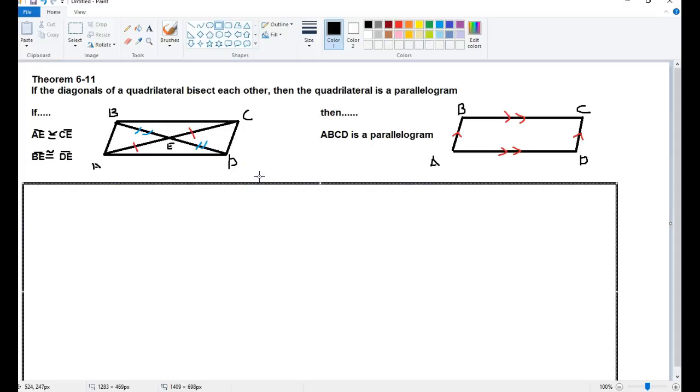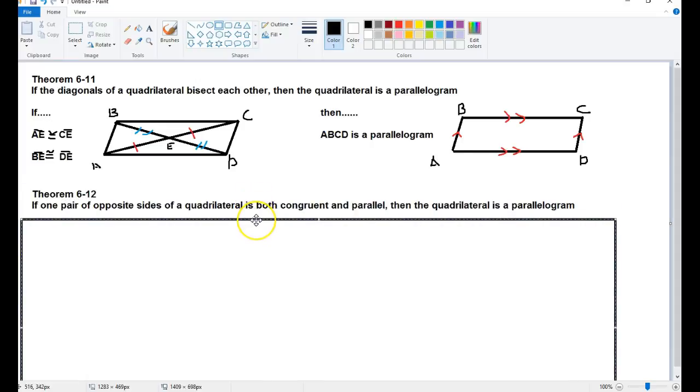And the last proof we have for today is kind of combining a bunch of ideas. If one pair of opposite sides of a quadrilateral is both congruent and parallel, then the quadrilateral is a parallelogram.